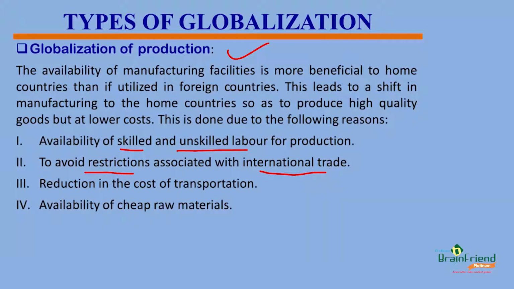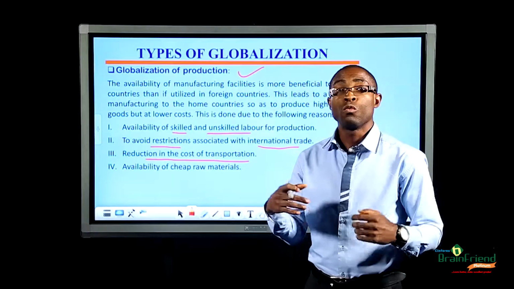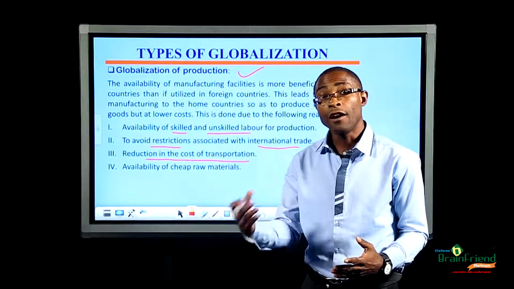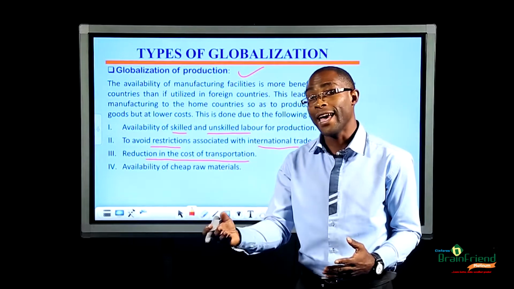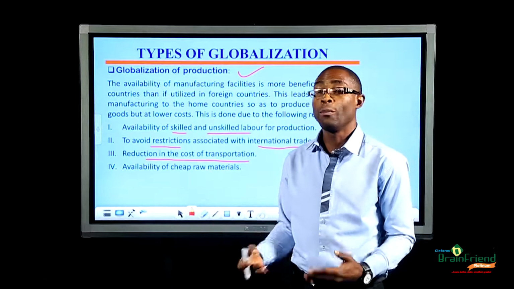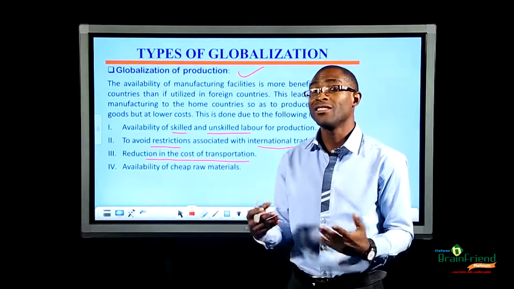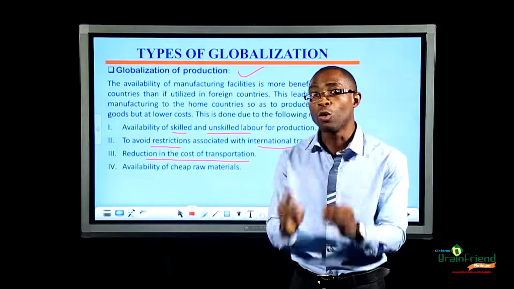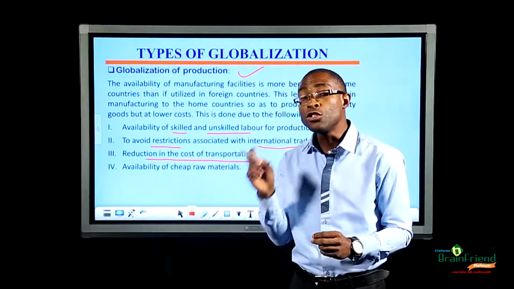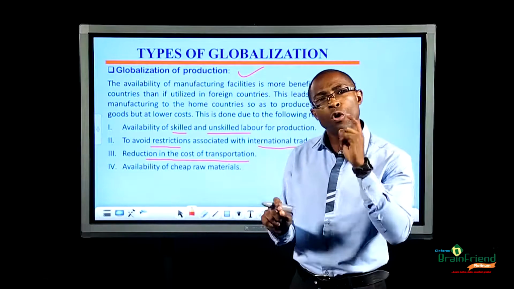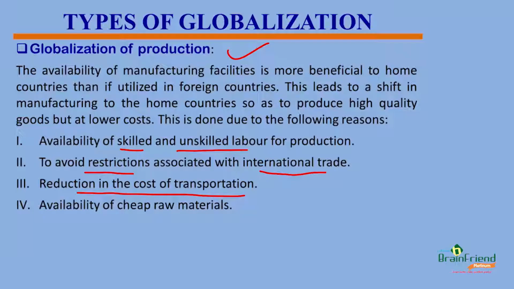Thirdly, globalization of production is done because of the reduction of cost of transportation. When you're done with production, you have to ship your goods either by air, via sea, or by road to various locations. This costs money. So globalization of production is done to eliminate or reduce the cost of production.